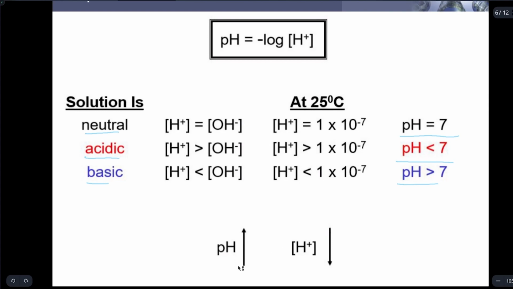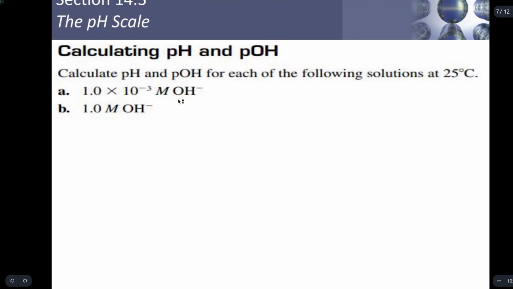So we can conclude here that when the pH goes up, the concentration of H plus goes down, or vice versa. In this question, they ask us to calculate the pH value and the pOH value for each of the following solutions at 25 degrees Celsius. Here we are given the concentration of OH minus, and using the formula we got earlier, we know that the pOH is equal to negative log of the OH minus concentration.